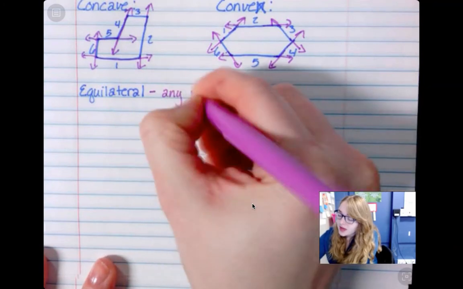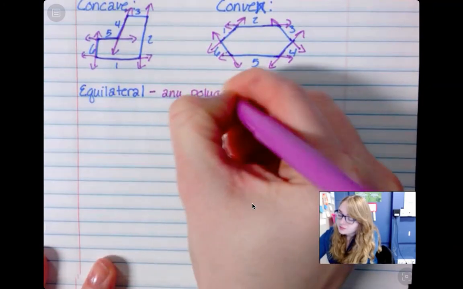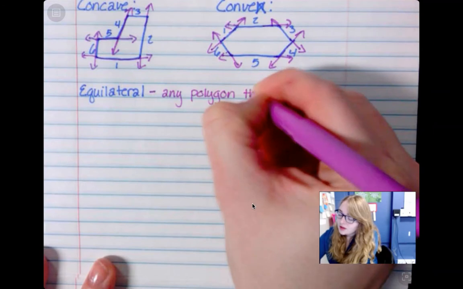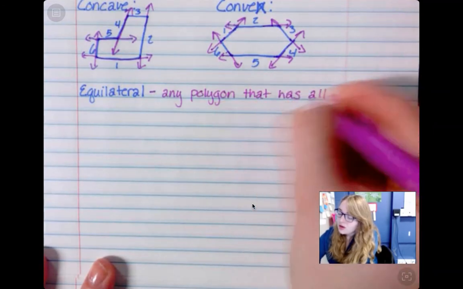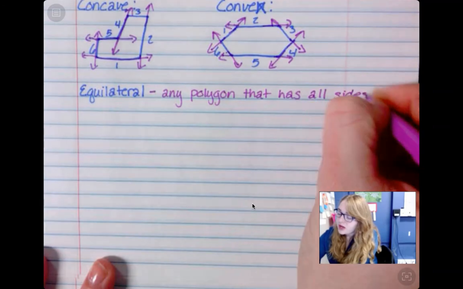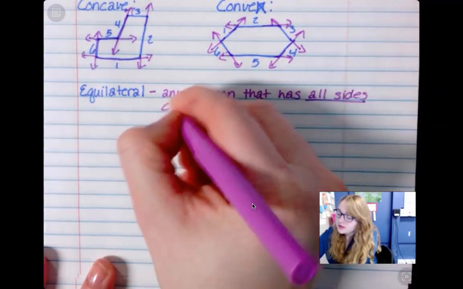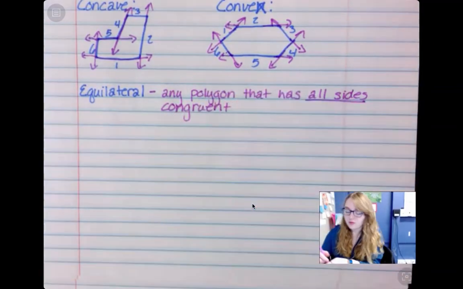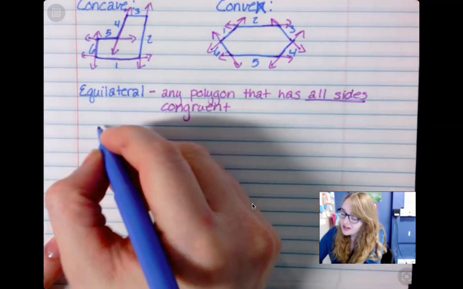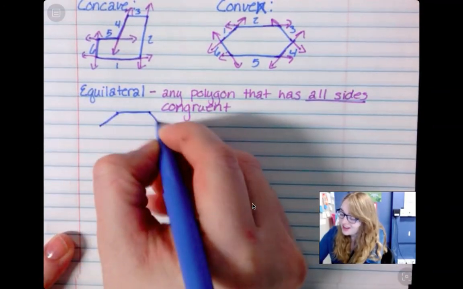Any polygon that has all sides, and that's so important, I'm going to underline it, congruent. Let me draw an example for you here. I'll draw another hexagon because apparently that is my favorite polygon today.